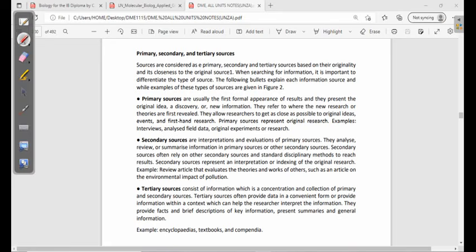Okay, so primary sources, they refer to where the new research or theories are first revealed. Where is this kind of information first revealed about a certain subject? Now they allow researchers to get as close as possible to their original ideas.